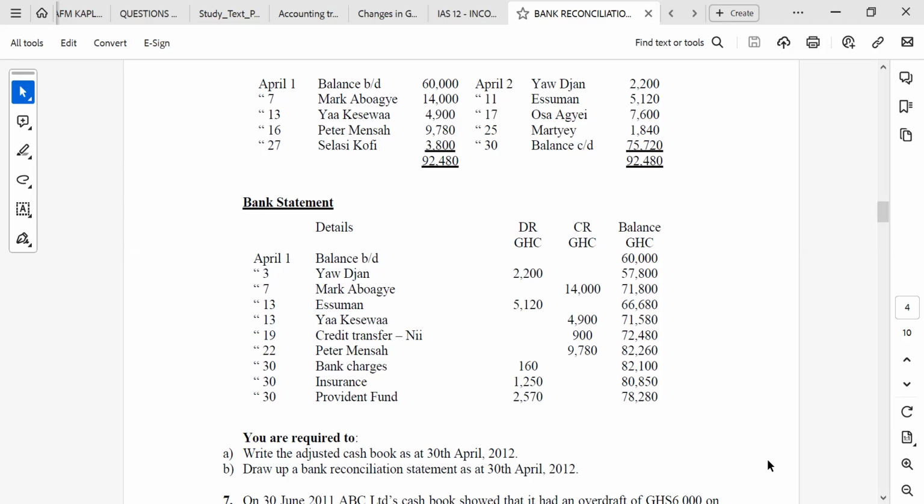So we know the checks that are not yet credited so that we can track them. They can also ask you the factors that cause the discrepancies between the cash book balance, which is the bank column, and the bank statement balance, which are the uncredited checks and those ones that we have looked at. So that is it.